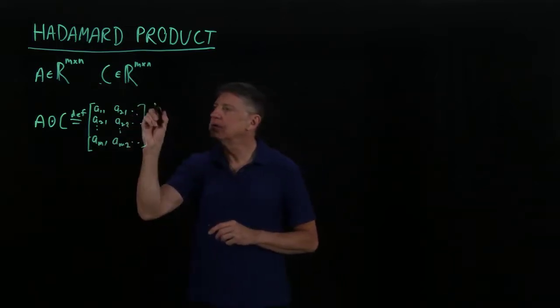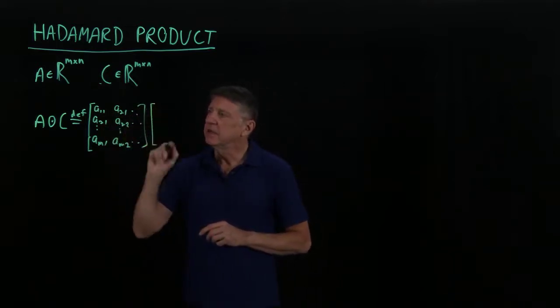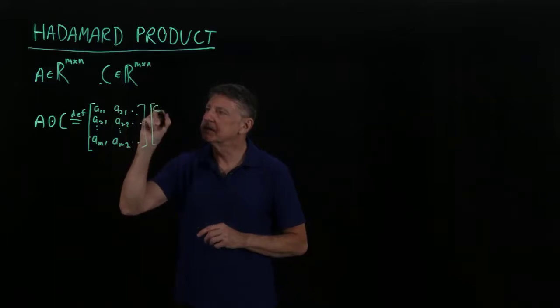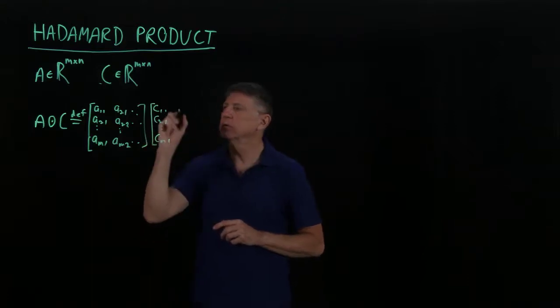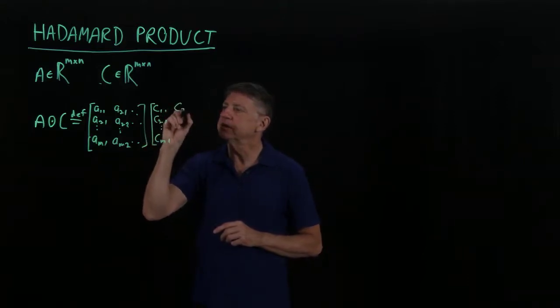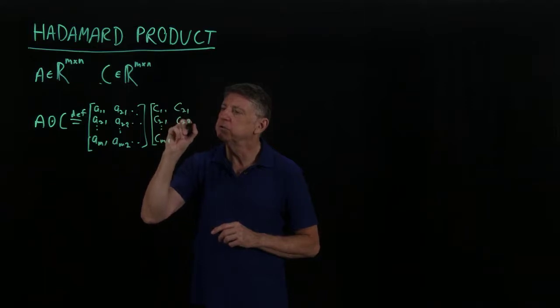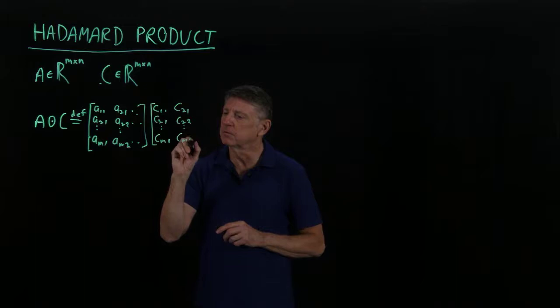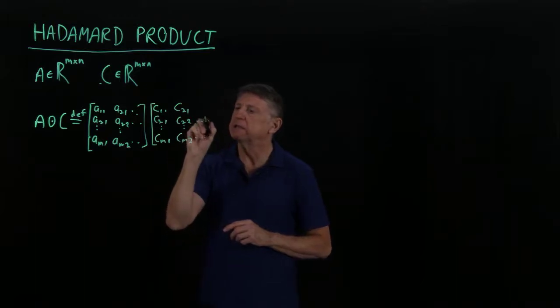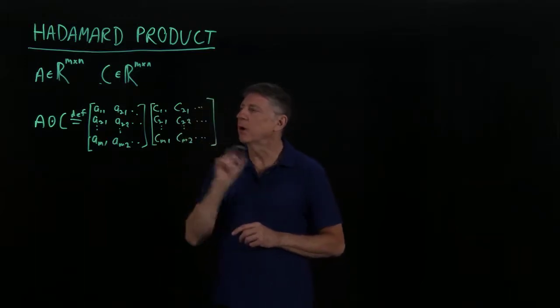And then suppose that our matrix C is likewise: this is C11, C21, and so on until we've written all of the rows, and then this will be C12, C22, and so on until we've written all of the rows in that column, and this will continue on for a while.